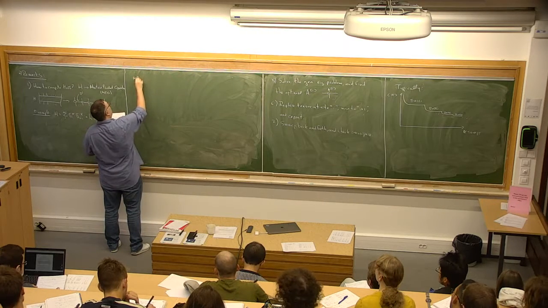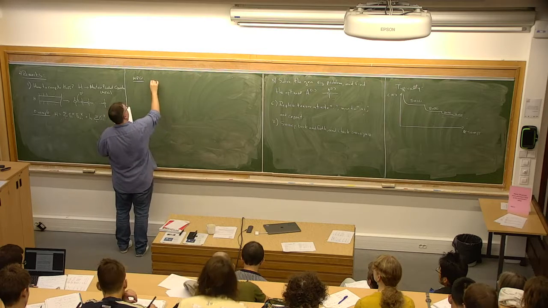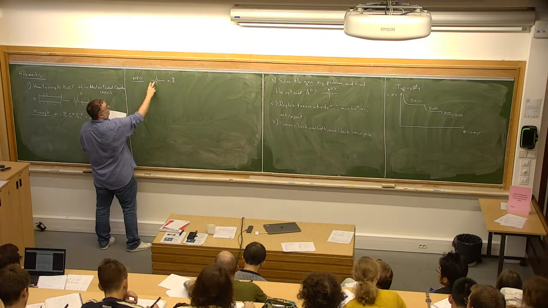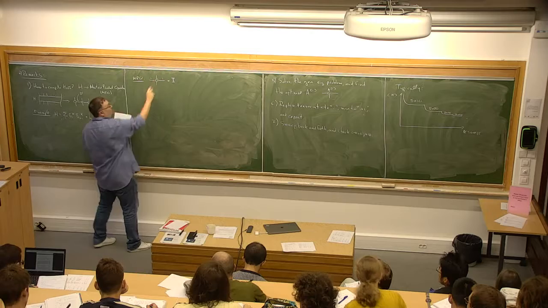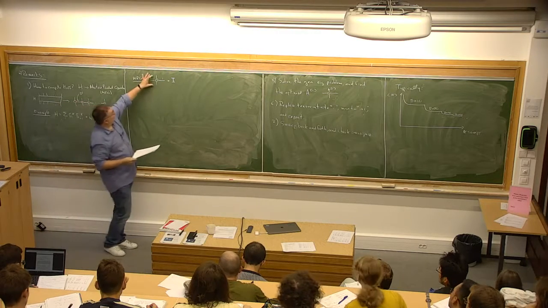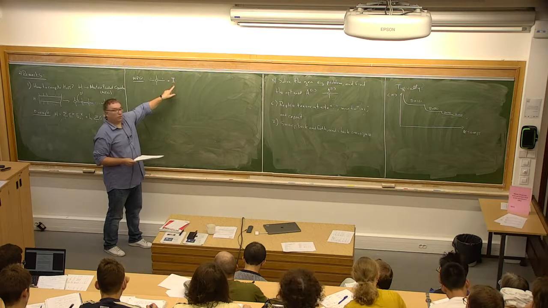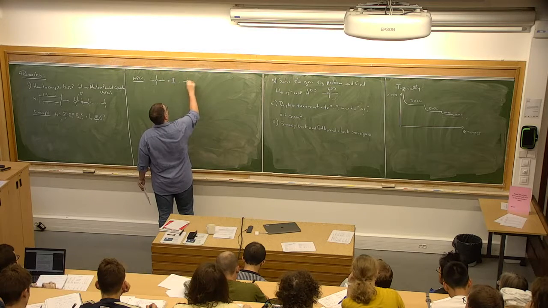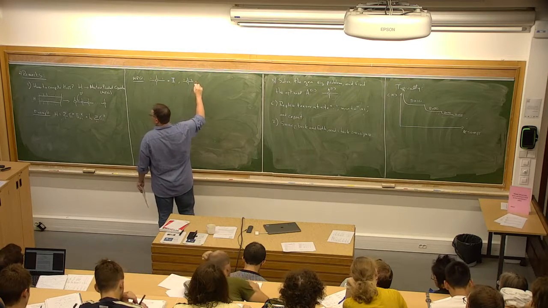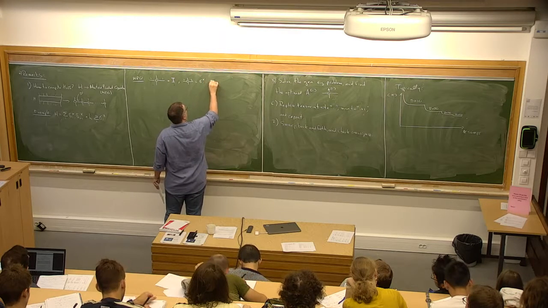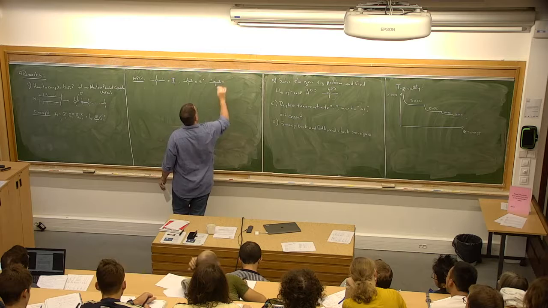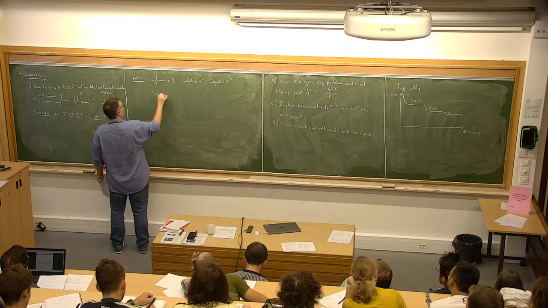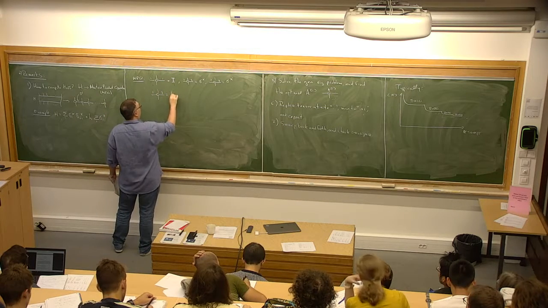So the MPO is given by the following coefficients. Let's see. So 1, 1, this is the identity matrix. I'm going to fix these bond dimensions, and since what is left is a tensor with 2 indices, what remains here is a matrix. So I'm saying that this matrix is the identity. 1, 2 is equal to sigma x. 2, 3 is equal to sigma x. 1, 3 is equal to h sigma z.